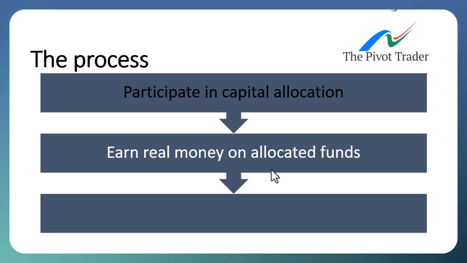Here they can just carry on trading in a normal way, and they're effectively allocated virtual money, but they're paid real money on the basis of their returns, as they would be if they progressed to the next stage. So it encourages people to trade properly, carry on trading properly, and build a long track record.